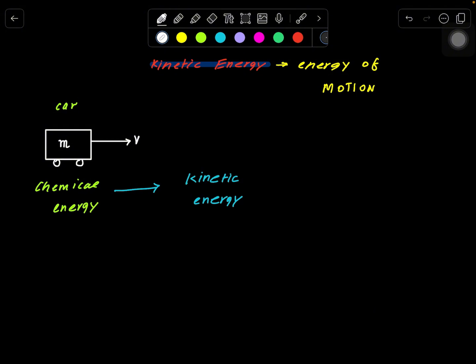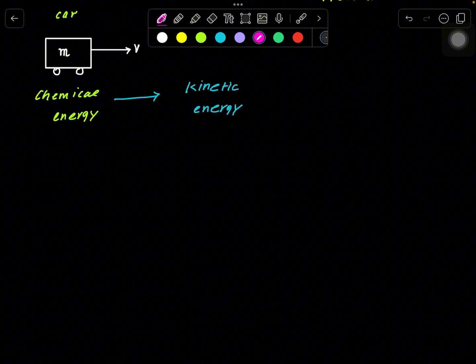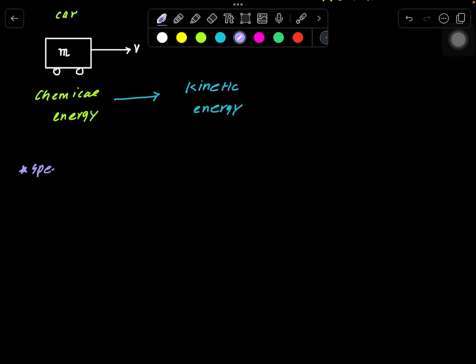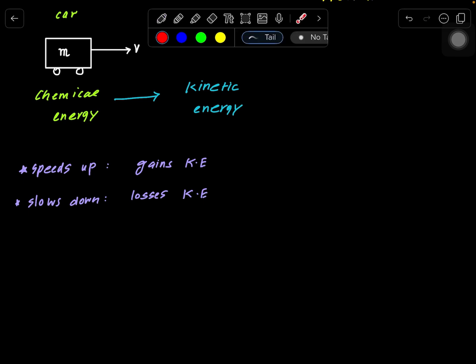So we like to say here that when the object speeds up, it gains kinetic energy, and when the object slows down, it loses kinetic energy. It gains kinetic energy by the transfer of chemical energy to this form, and when kinetic energy is lost, it means that kinetic energy is converted to other forms of energy, let's say thermal or sound energy.